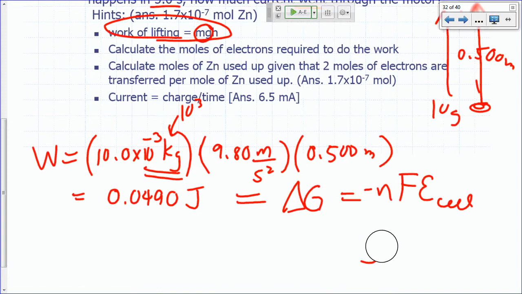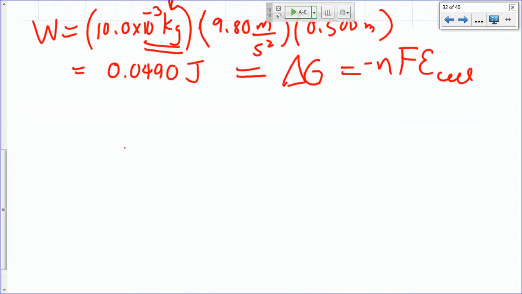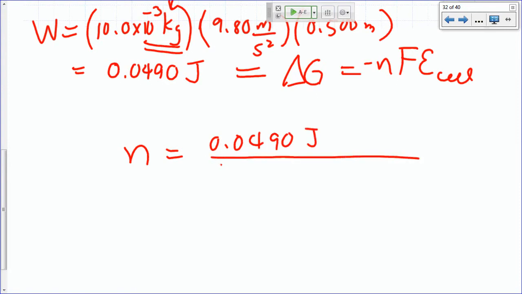What's our n here? n would be equal to 0.0490 joules over, and let's just use absolute values here. So Faraday is 96,500 coulombs per mole of electrons, okay?